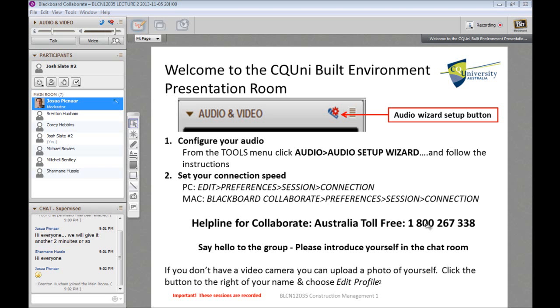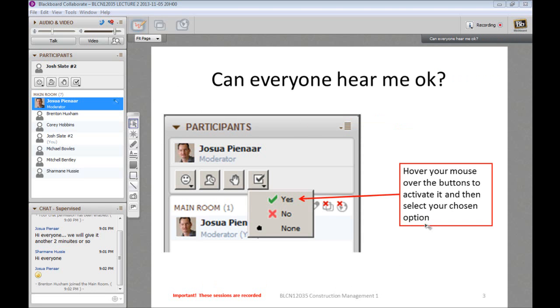Just to go through everything again, we'll touch on the functionality of Blackboard Collaborate quickly. Can everybody hear me okay? Give me a green tick to show me that you can hear me and that everything is okay on your side. We've got a few green ticks, so we're quite happy with that.